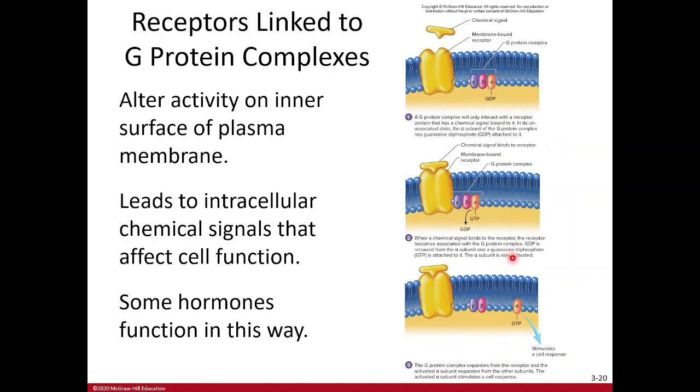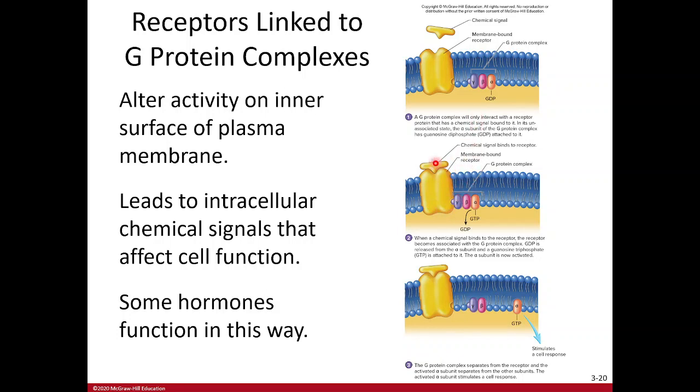Some proteins internally have these molecules that they can interact with. So this is what we call the G protein complex. This G protein complex will interact with this molecule.